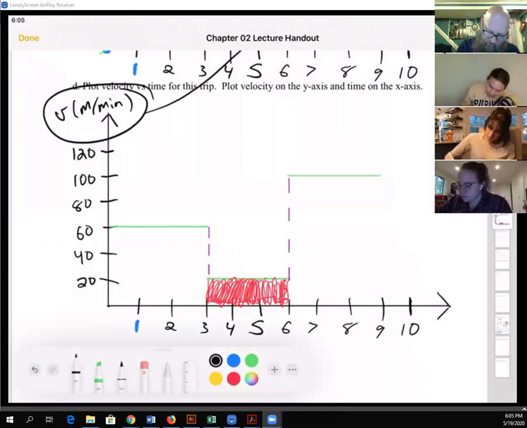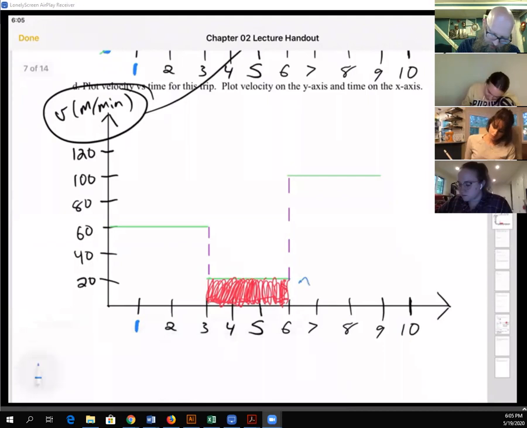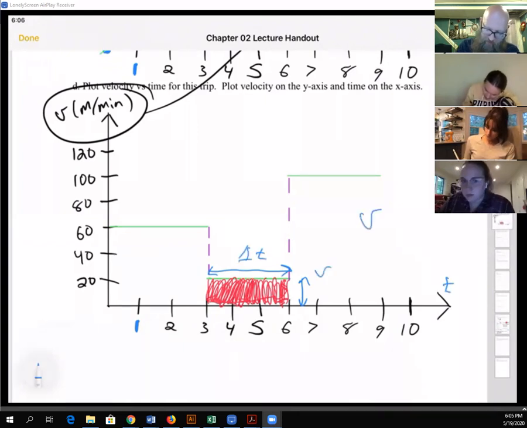Let's label them. So here's a width, and here's a length. That length is along the time axis, so that length is a delta t. And the height of this is that velocity. So if I say v times delta t, what is that?